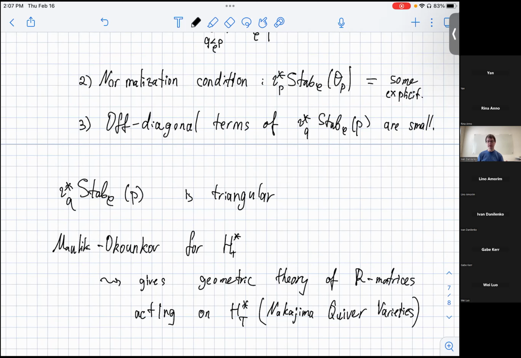So basically, for Nakajima varieties, let's consider the special case. In general, the question is general.